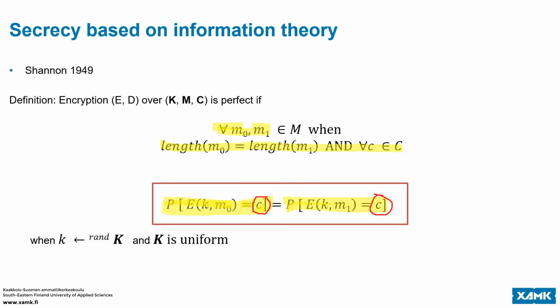And also we presume here that the key has been selected at random from the key space and the key space is uniformly distributed.